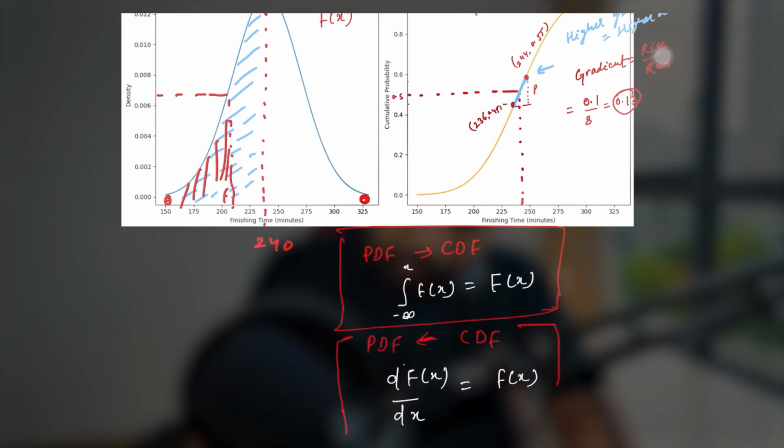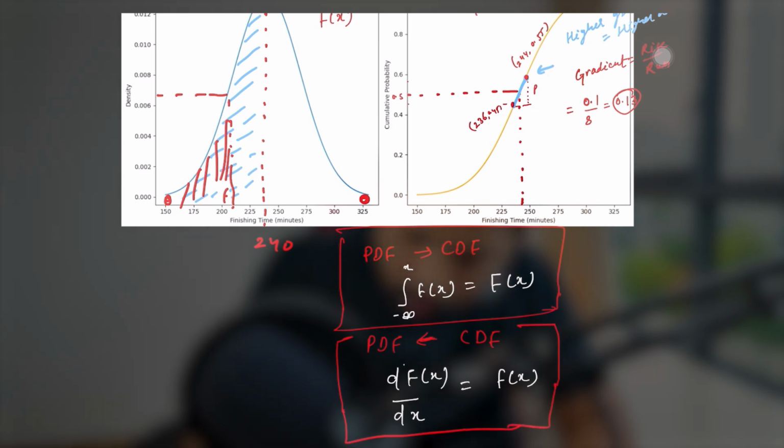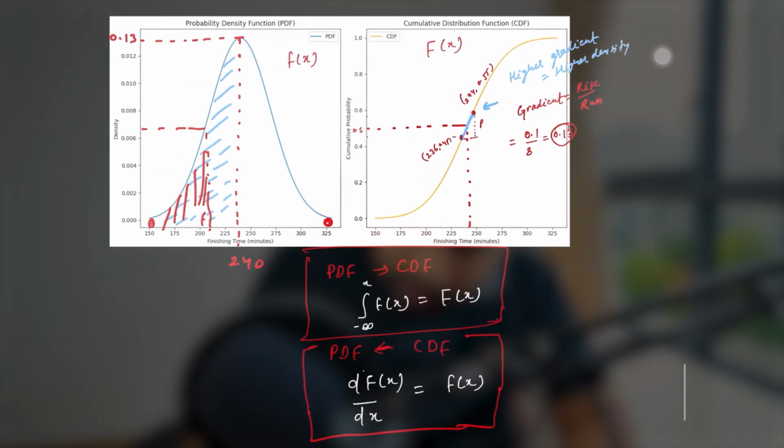So the conclusion is that when you find the area of the PDF, you will get the CDF, and when you find the gradient or the slope of the CDF, you will get the PDF. That's the simplest form of interpretation or intuition. Hope it's crystal clear. If you have any questions, please let me know. We can discuss this again.